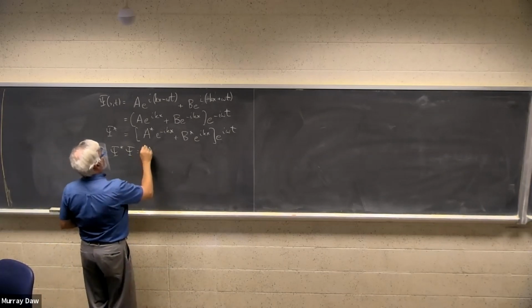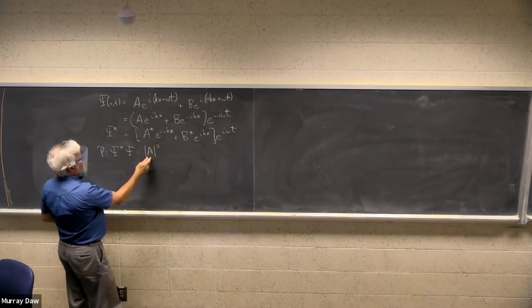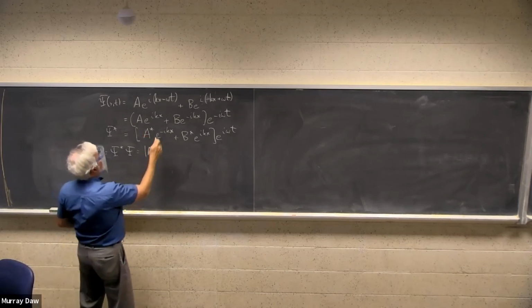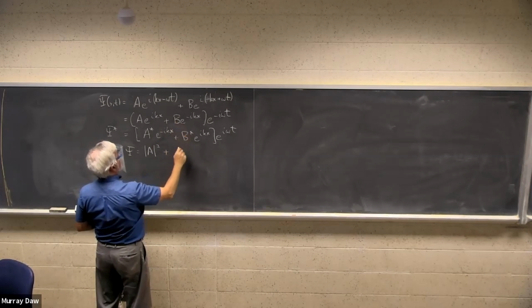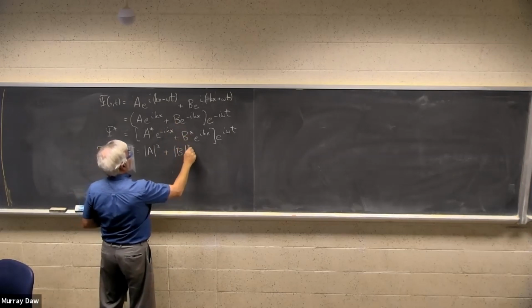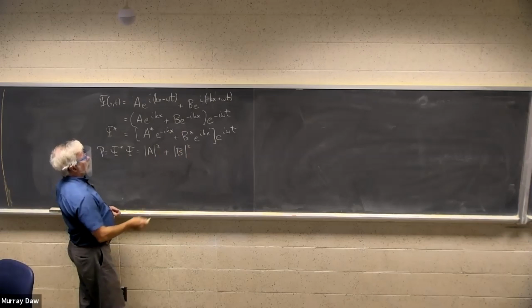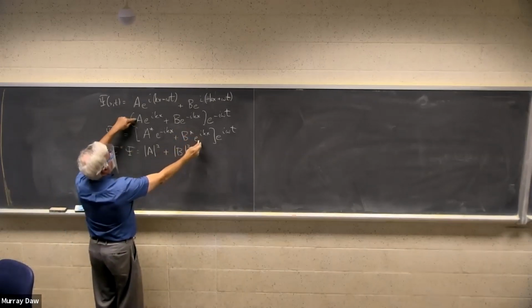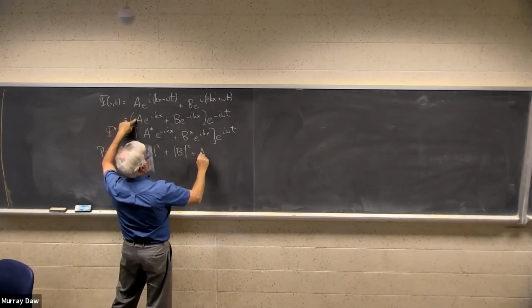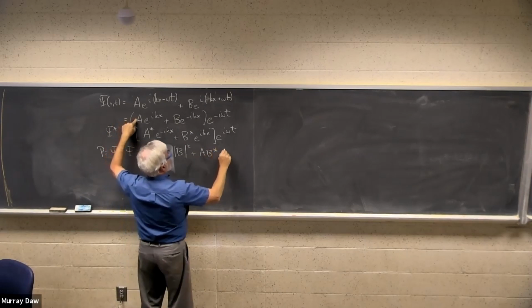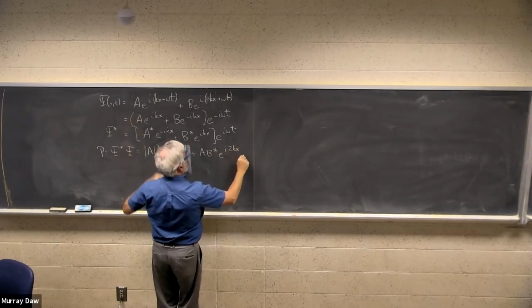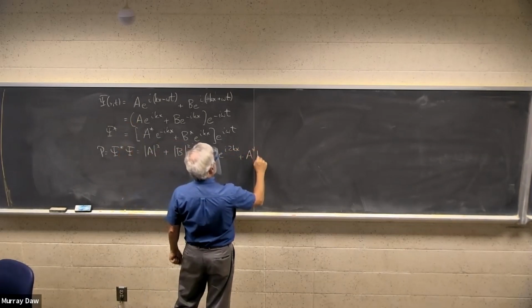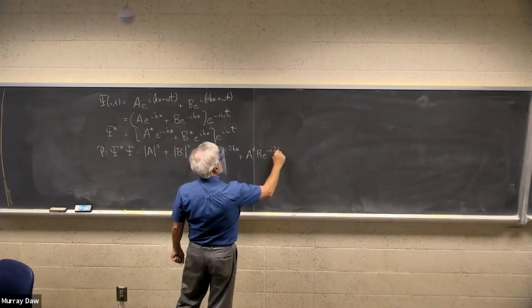So A times A star, I'm going to write like this, and this times this again gives 1. And then I get a term which is B star, this gives 1 again. Now I get the cross terms. I get AB star and 2ikx, and then I get A star B minus ikx.